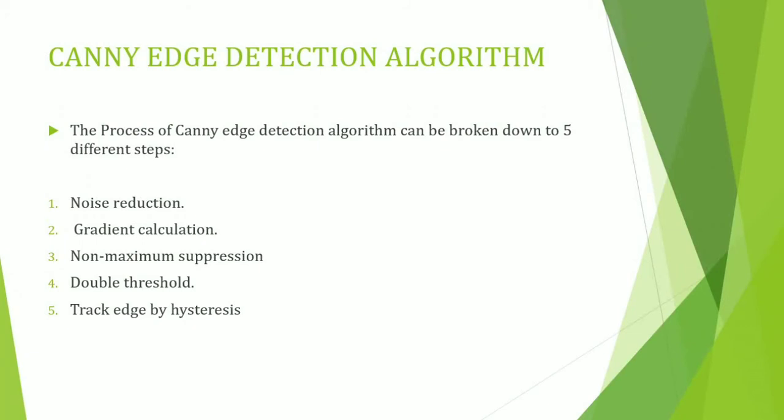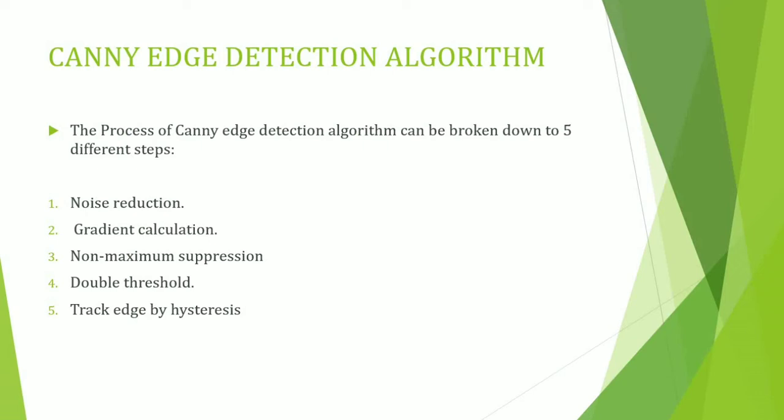Canny edge detection algorithm. Canny edge was developed by John F. Canny in 1986. The Canny edge detector is an edge detection operator that uses a multi-stage algorithm to detect a wide range of edges in images. It is a multi-step algorithm that can detect edges with noise suppressed at the same time, and it smooths the image with a Gaussian filter to reduce noise and unwanted details.